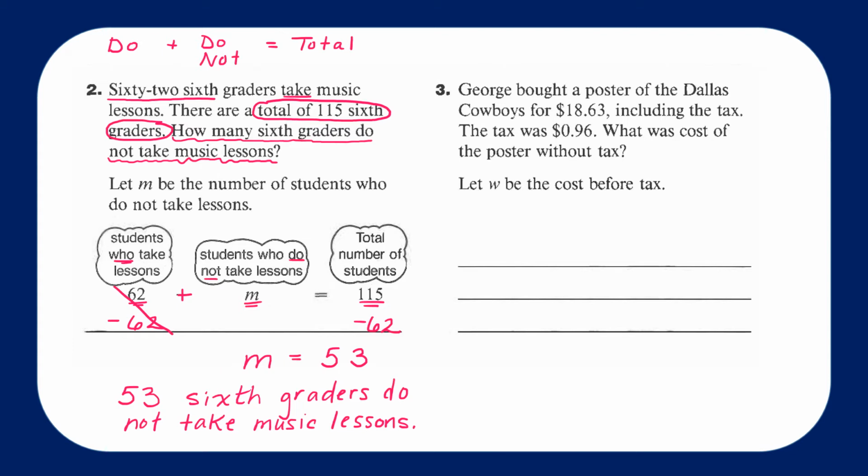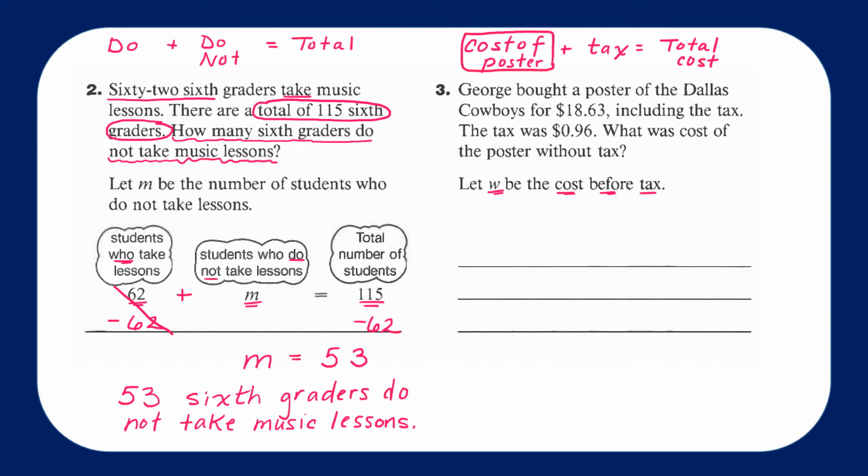So let's come up with our basic equation. We have the cost of the poster plus tax equals the total cost. We don't know the cost before tax, so we don't know the cost of the poster.